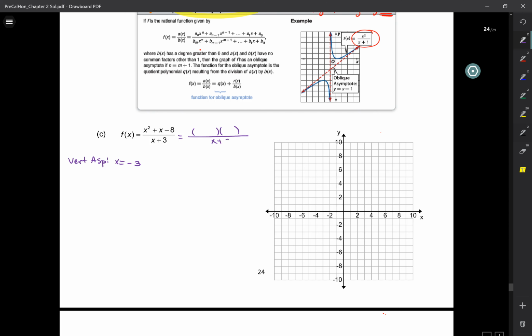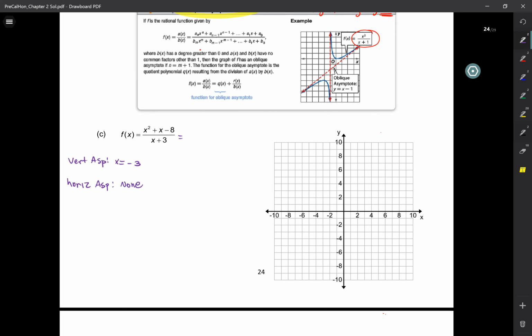So we have x plus 3 here, and this numerator cannot be factored, so we're not going to factor the numerator. Okay, so what is our horizontal asymptote? Well, there is no horizontal asymptote.